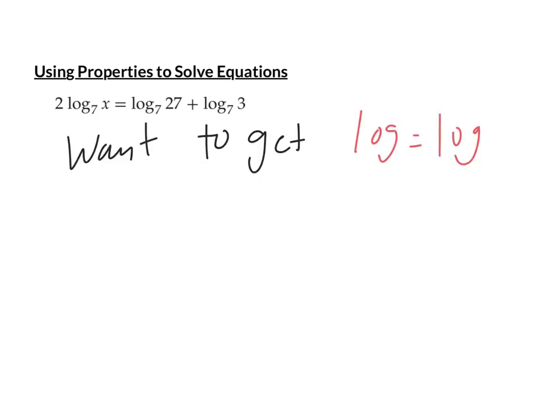Because what we want to get it to be is log equals a log. One log on each side with the same base. Because if we have that, then we can solve like we solved those equations yesterday in 7.4. So we need to get that done. Okay? We need to turn this into a problem so that it looks like this.